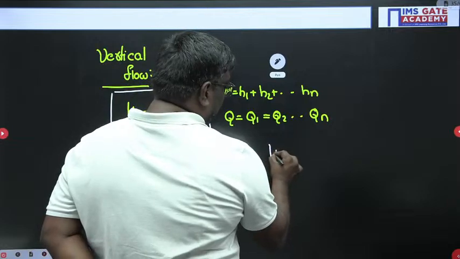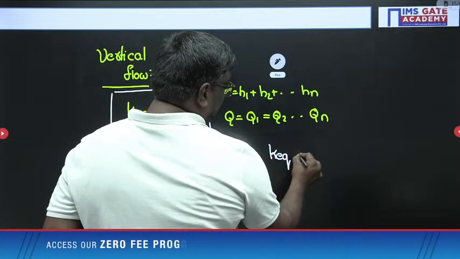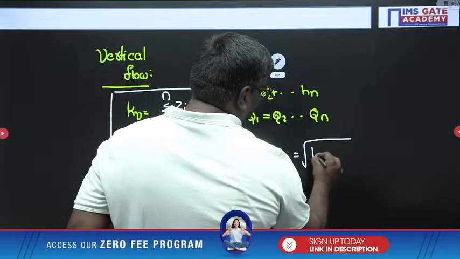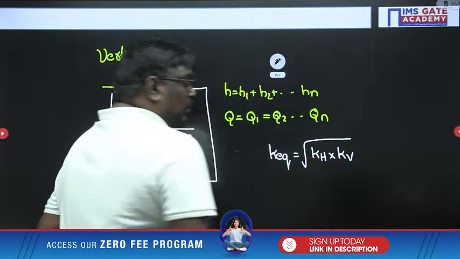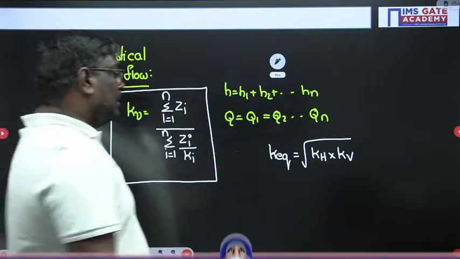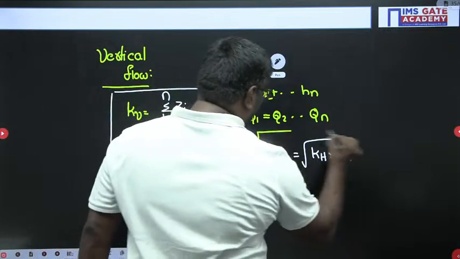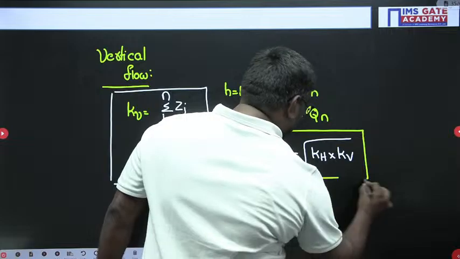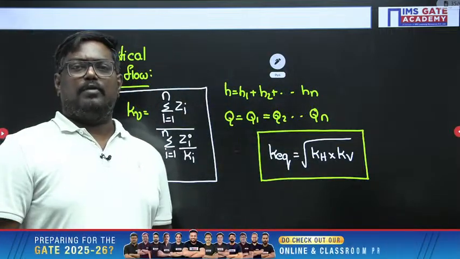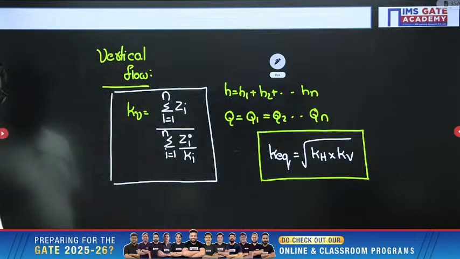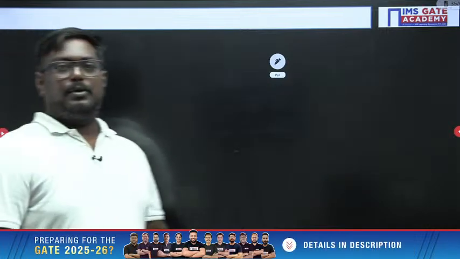You can always remember the equivalent permeability is given by the formula: K equivalent is equal to the square root of KH into KV. Now, I hope you are clear.